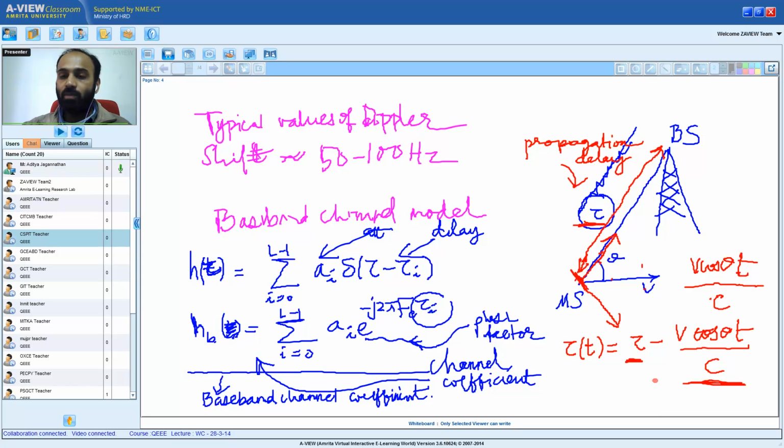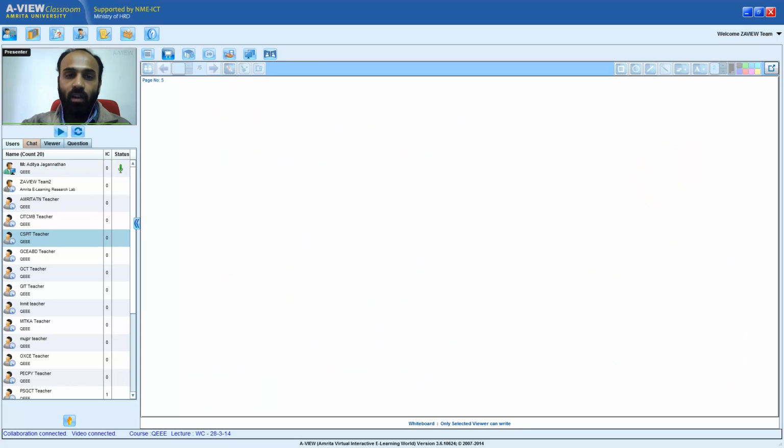And therefore, if I can indulge you for one more slide, if I substitute this, I have h of t equals summation a_i e to the power of minus j 2 pi f_c tau_i. Now these tau_i's become functions of time, because we said the delays are varying.